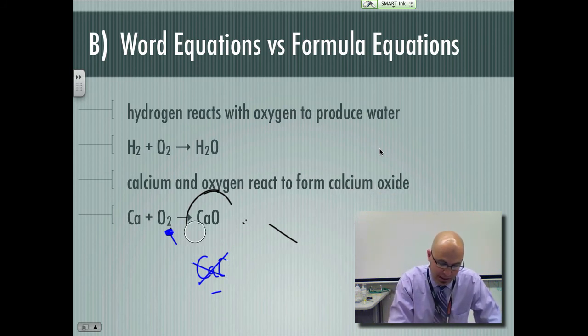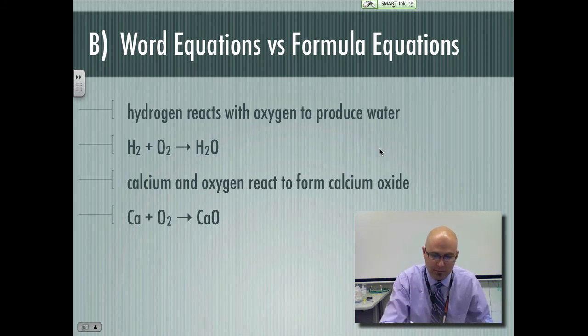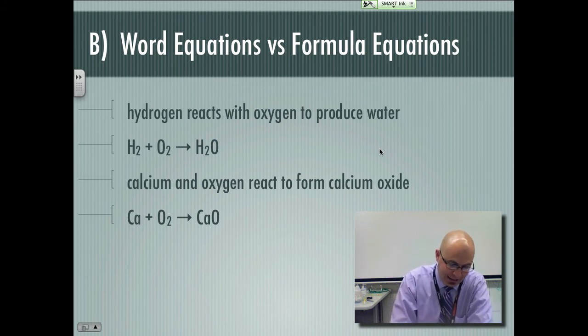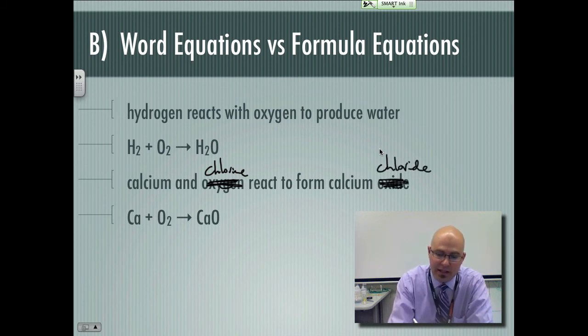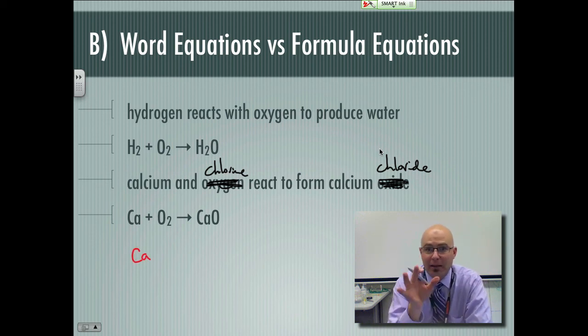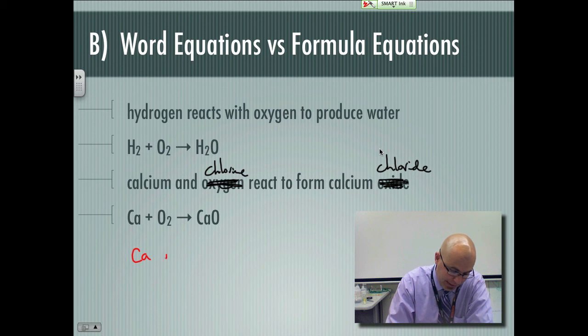If this had been calcium and chlorine react to form calcium chloride, then the formula equation would be calcium. It's not a diatomic, so we can write just Ca.